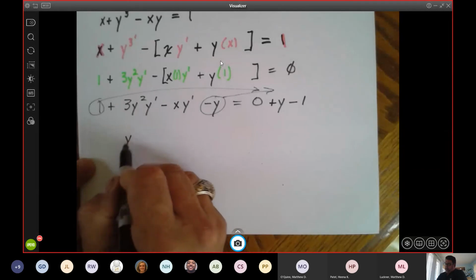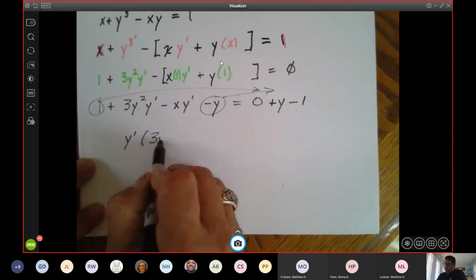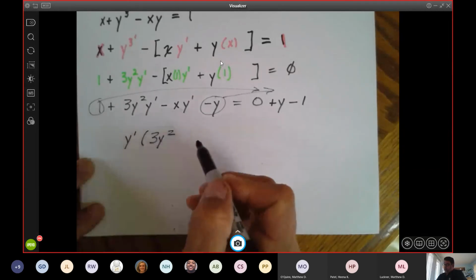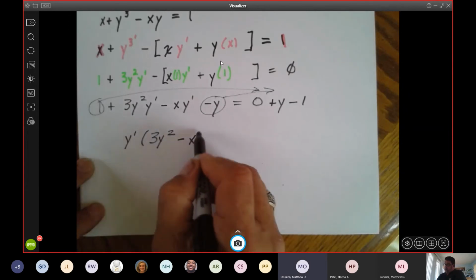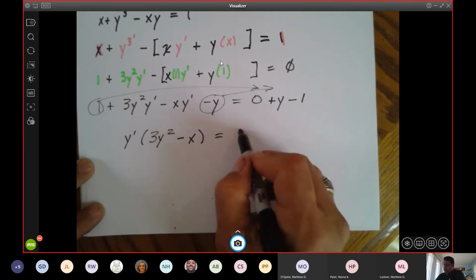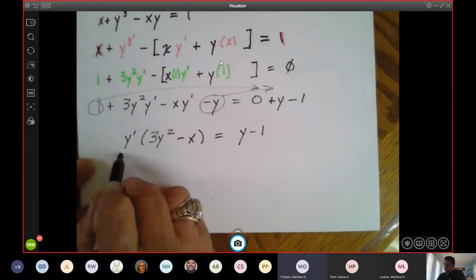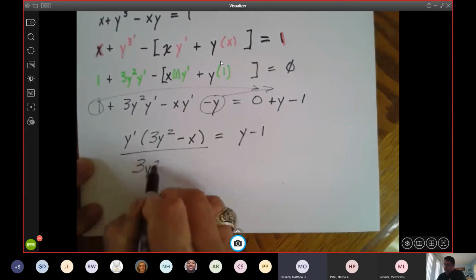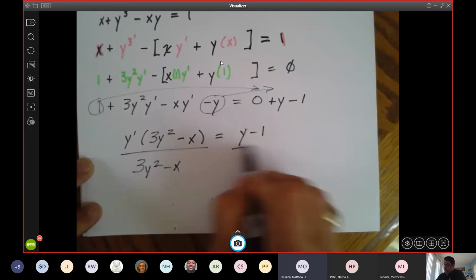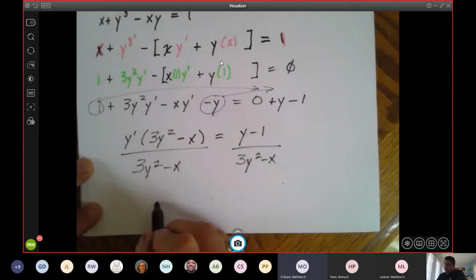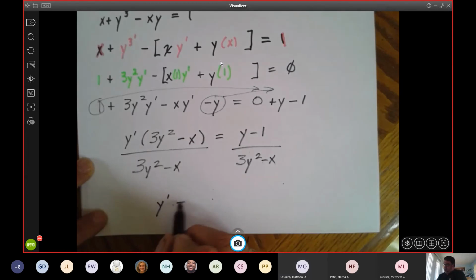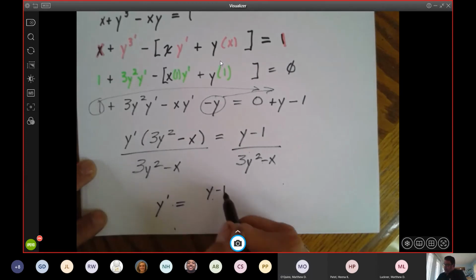Factor out a y prime. So y prime is equal to y minus 1 over 3y squared minus x.